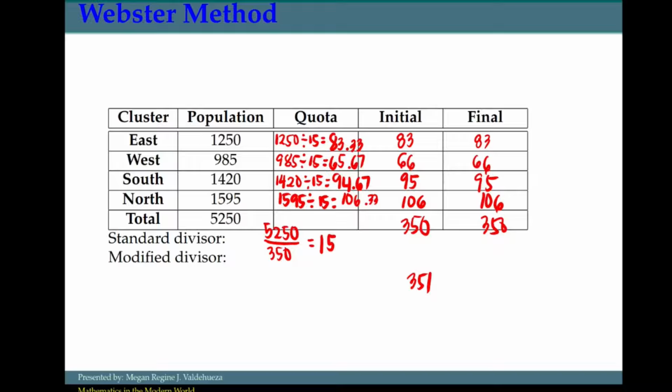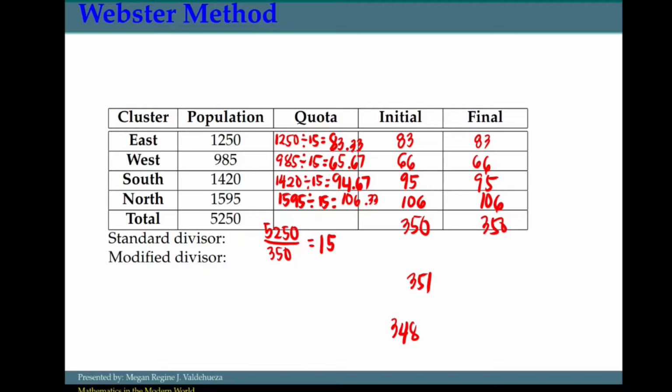But if, for example, the initial allocation will give us 348, that is less than the total number of sacks to be apportioned, then according to the rule, we reduce the standard divisor.